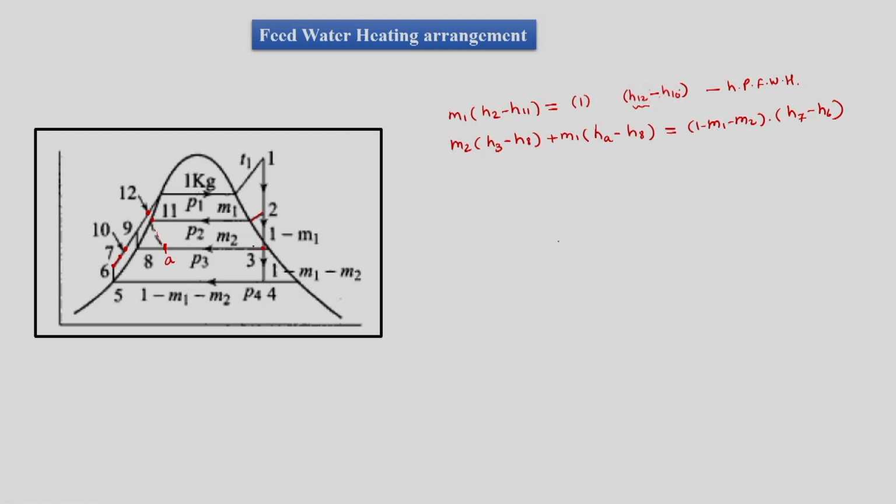One is M2 mass which loses enthalpy from here to here, and then M1 mass which loses enthalpy from here to here.